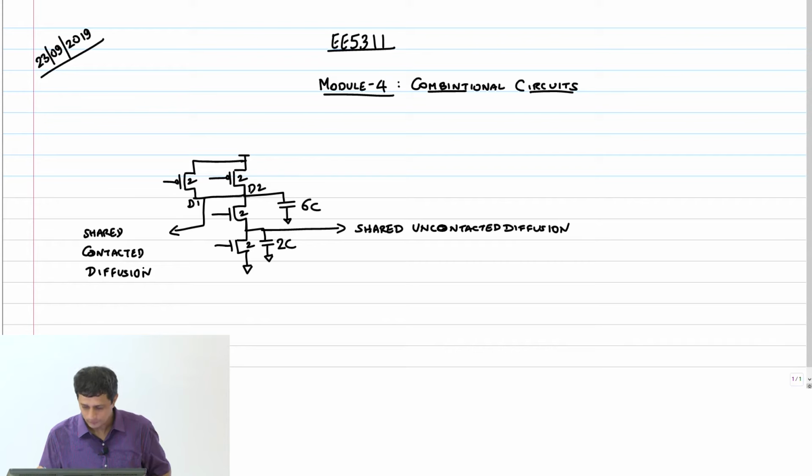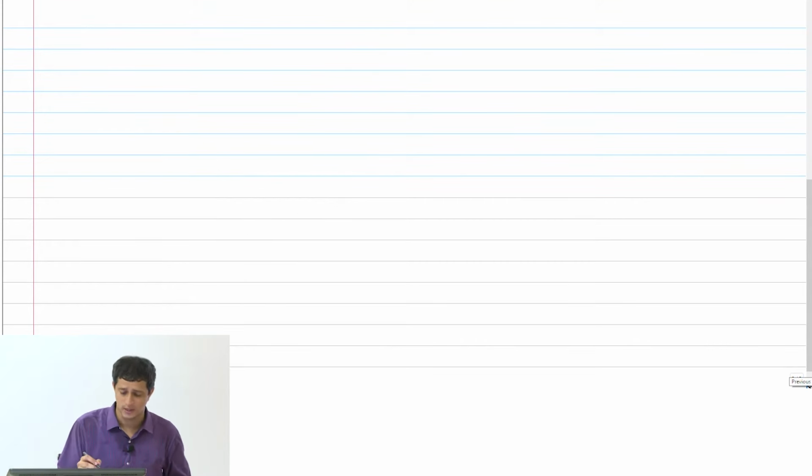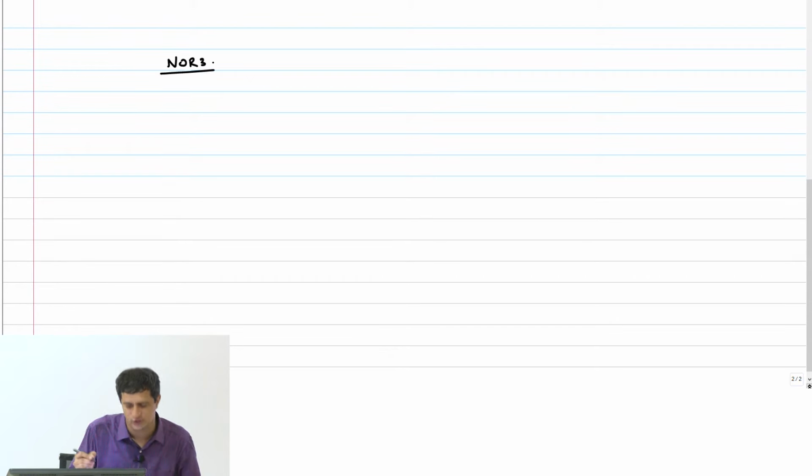Clear? So now let's go ahead and use this concept to figure out what the capacitances of a NOR, let's say a NOR 3 gate straight away, right. So first, can you sketch a NOR 3? Y equals A plus B plus C whole bar.